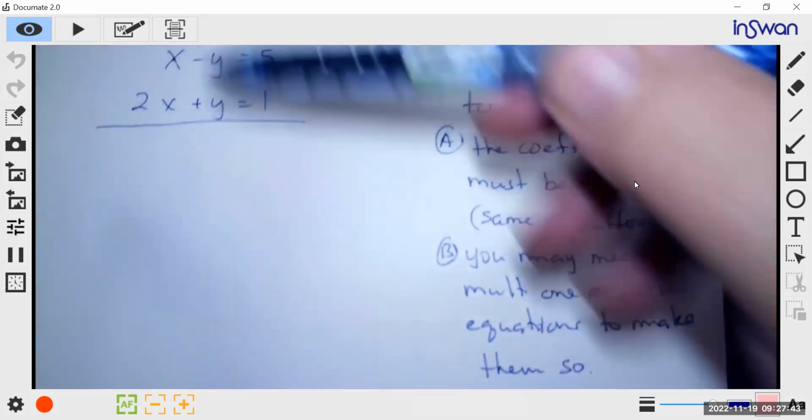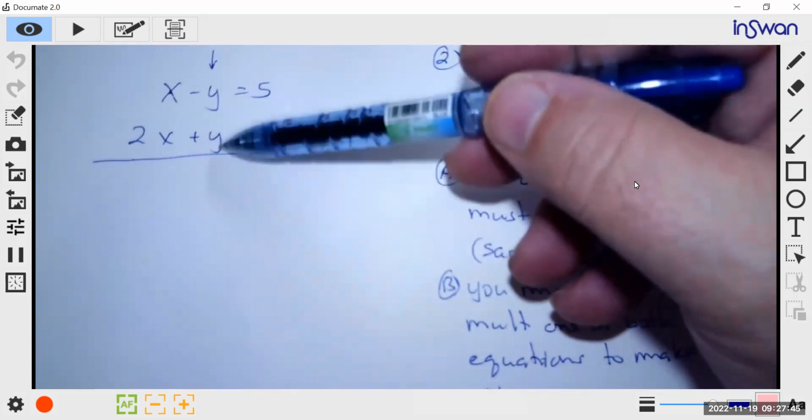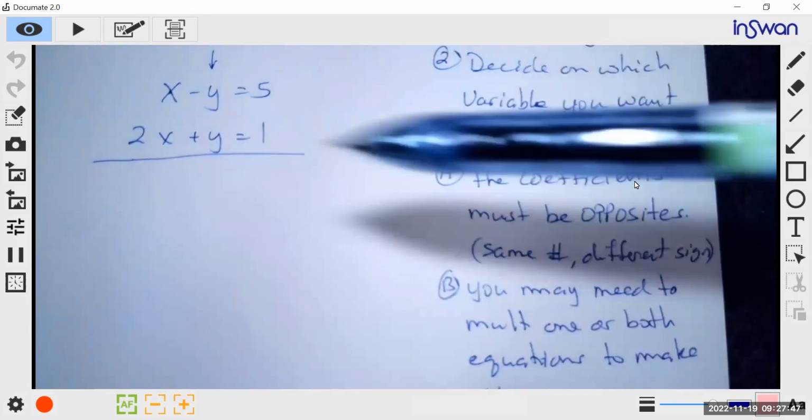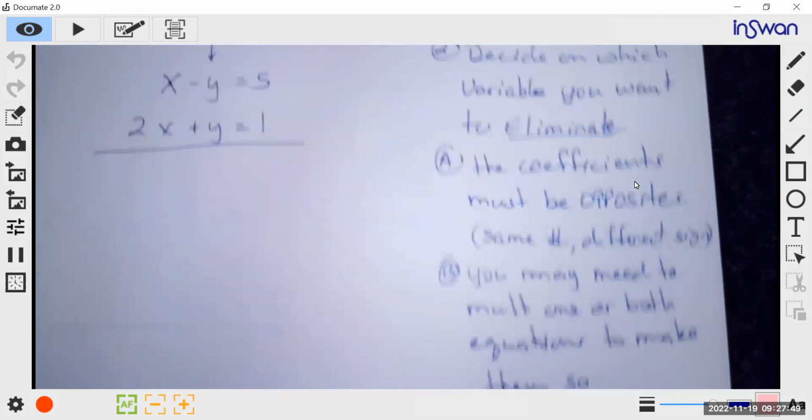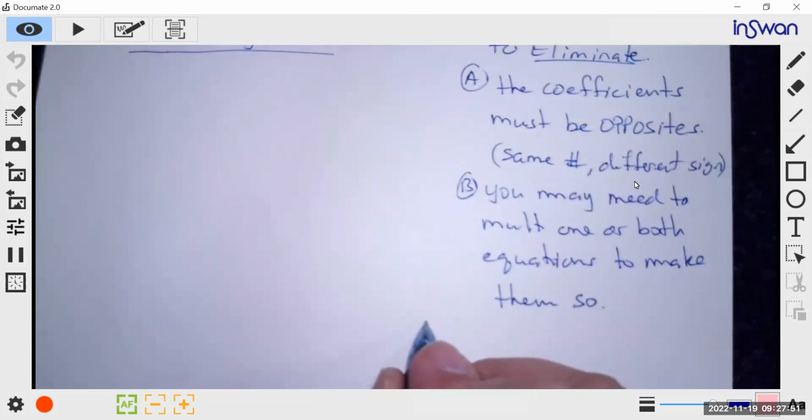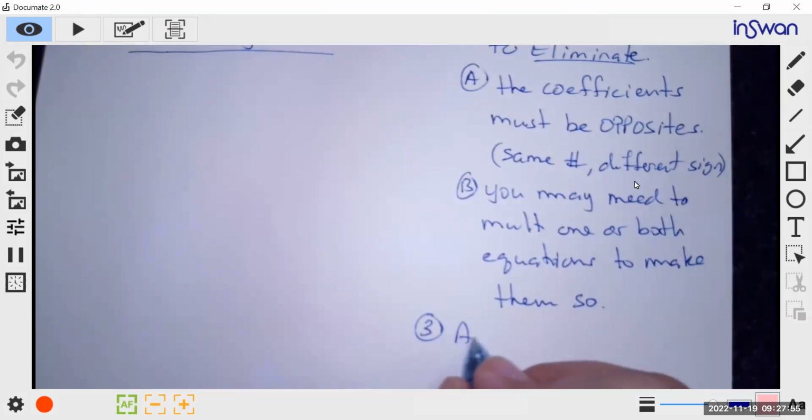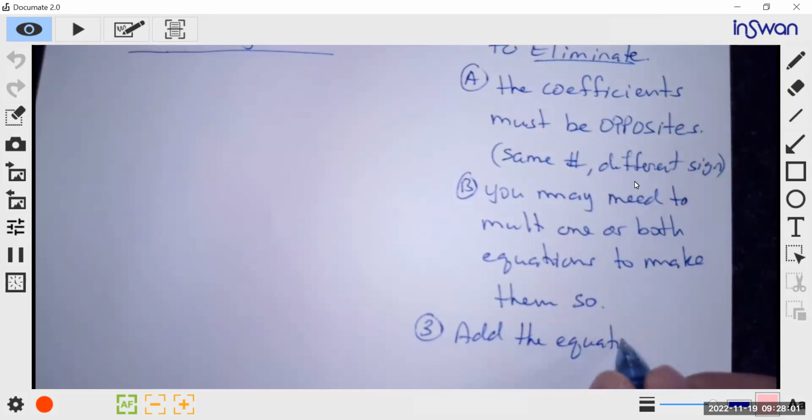In other words, if it wasn't opposite signs and the same numbers, we'd have to multiply one or both to make it so. I'll show you that in the next example. Add the two equations.